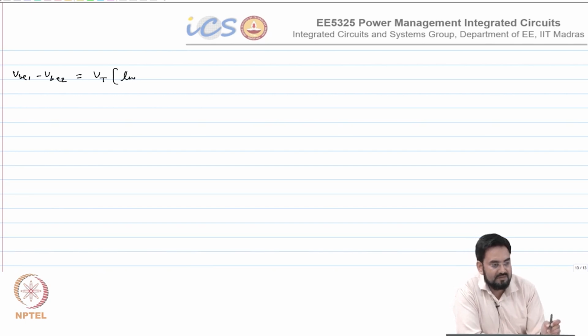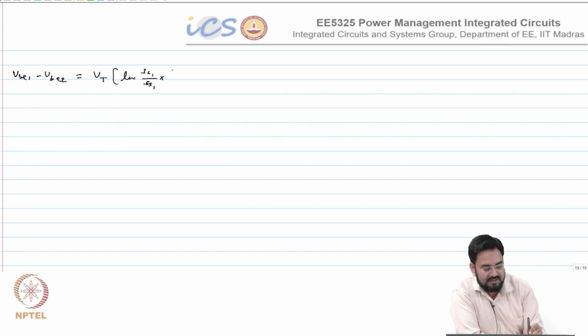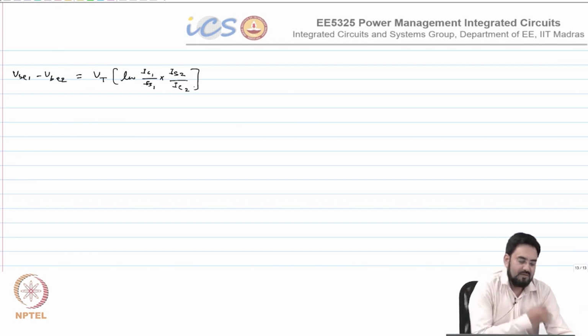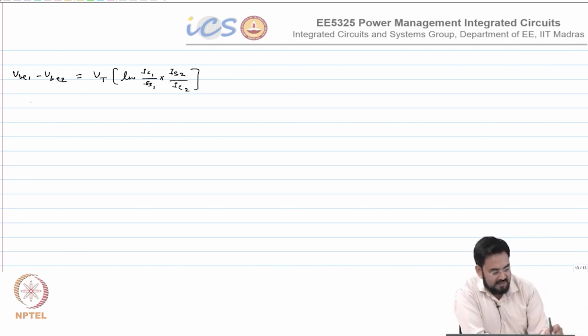VT ln of IC1 by IS1 multiplied by IS2 over IC2. And I can call it delta VB because I am looking at the difference of the two.